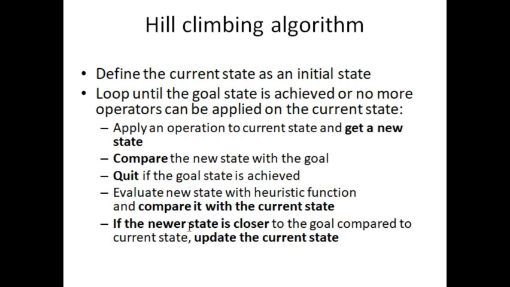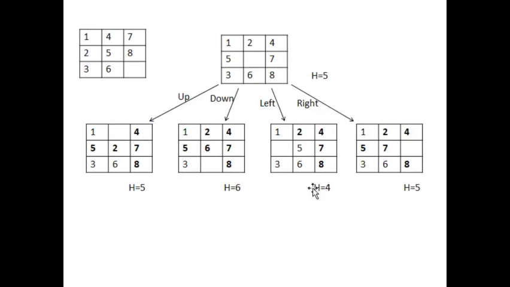I compared it: the value of our current state was 5, and among the new states that came, there was one state whose value was 4. So if the new state that is generated is closer to the goal compared to the current state, as we can see on this slide, then this state is closer to the goal as compared to the current state. That's why we will update the current state, and this state will become our current state according to our algorithm.